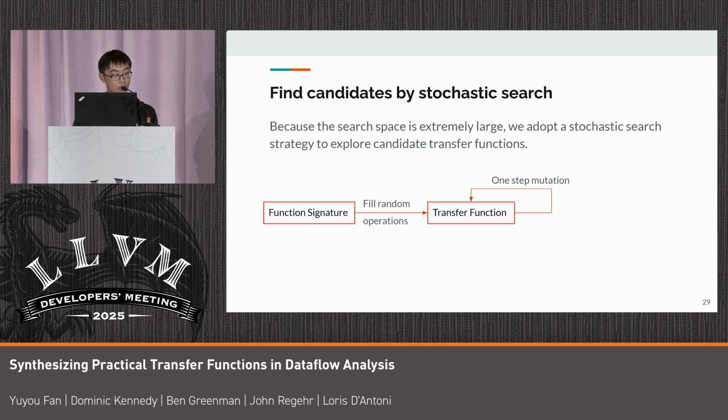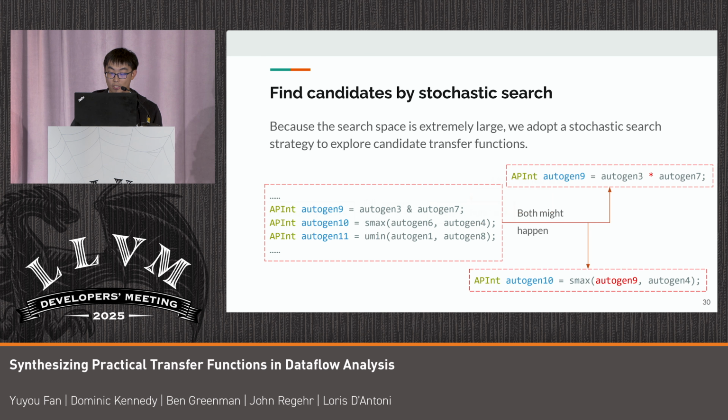So after having the specification, we start with the function signature. We fill out the function with random operations, and we keep mutating the transfer functions step by step. The reason we use random search is that the search space is extremely large, and we cannot enumerate all possibilities. Here is a concrete example of a one-step mutation.